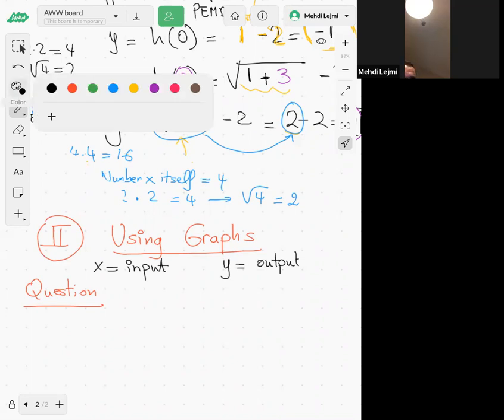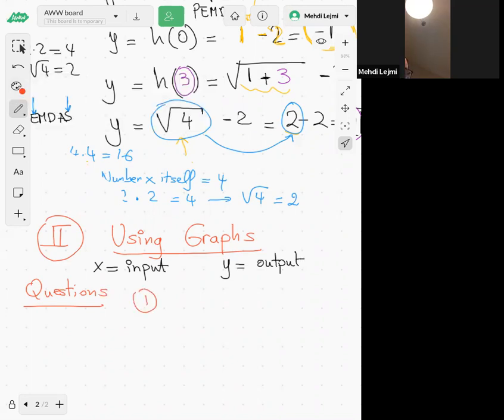So we're going to try to answer a lot of questions here. First question is, what's a graph? I'm going to explain what I mean by a graph. Question number 2 is, when does a graph represent a function? This is a similar question to the one for equations: when does an equation represent a function? The same for graphs.